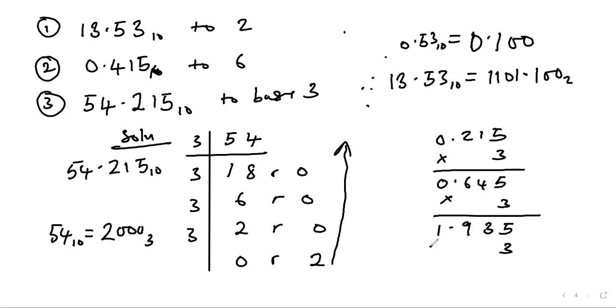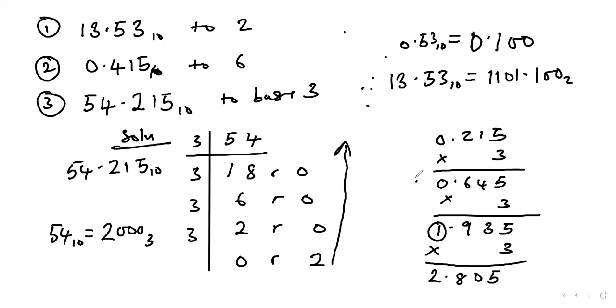You multiply with 3 again, neglecting the whole number there. So you do 3 times 0.935. That will give you 2.805. You can continue as many times as possible.